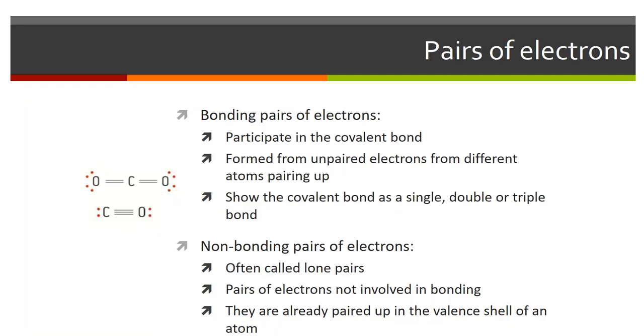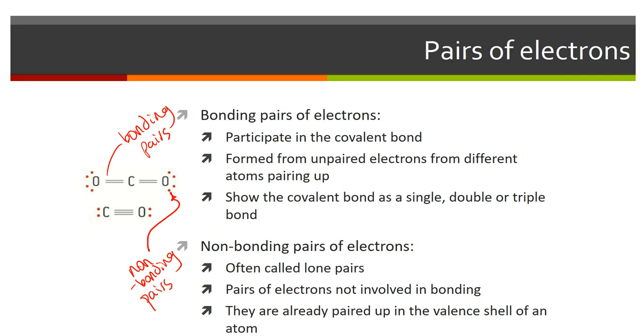So bonding pairs participate in the covalent bond, okay, so they're the ones that we represent with a line, and then our non-bonding pairs of electrons are the ones where we're using dots. So these are our bonding pairs, okay, and then these dots here are our non-bonding pairs.